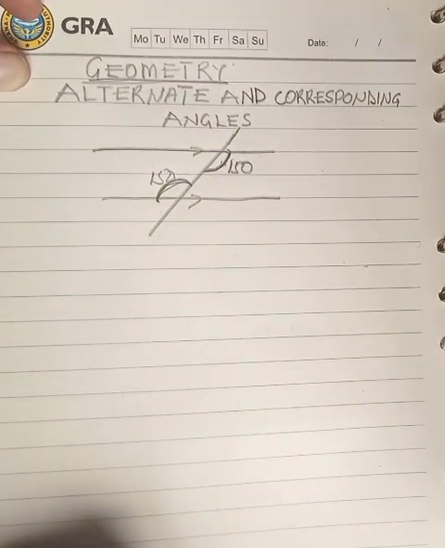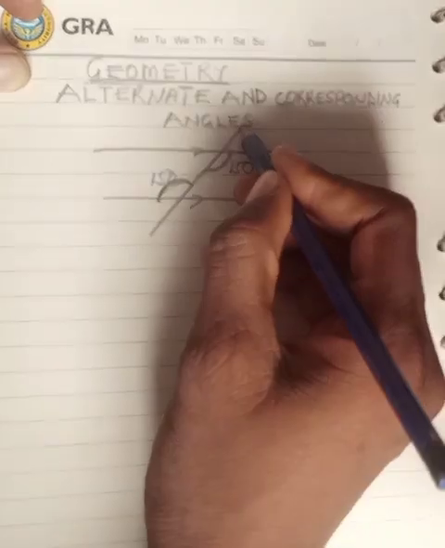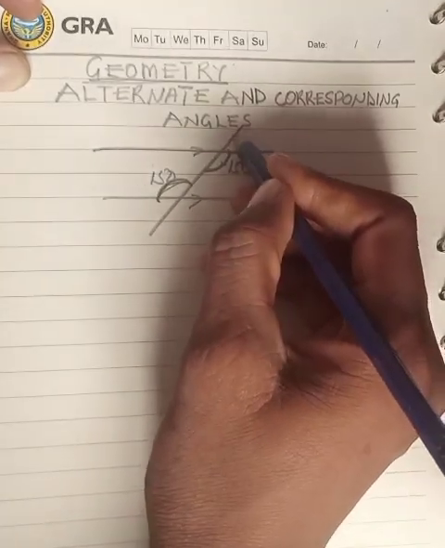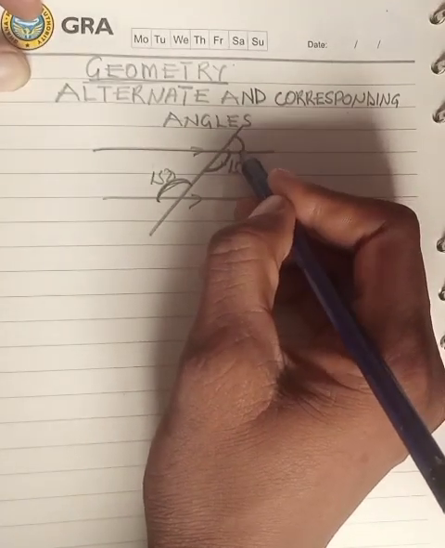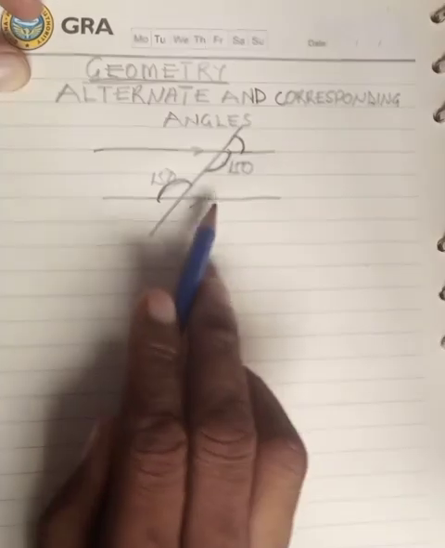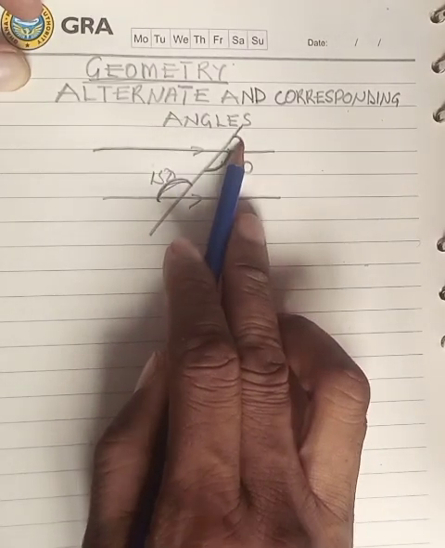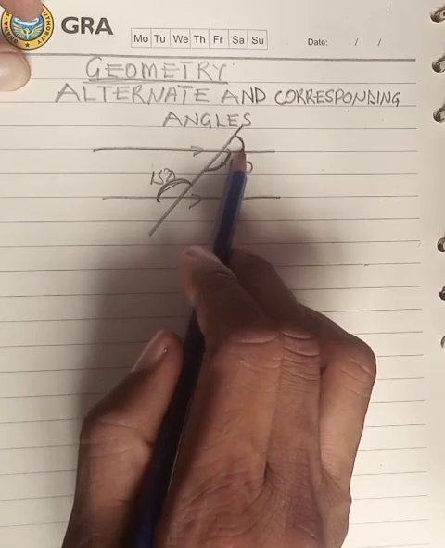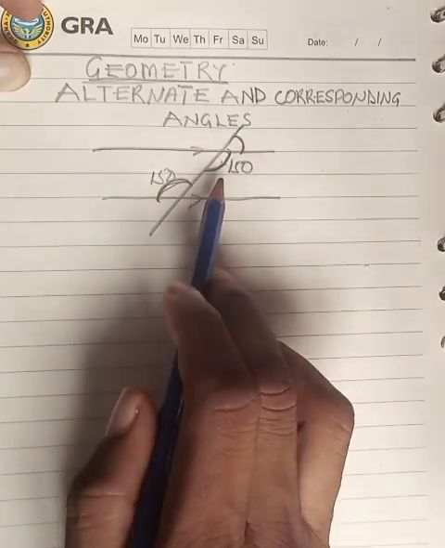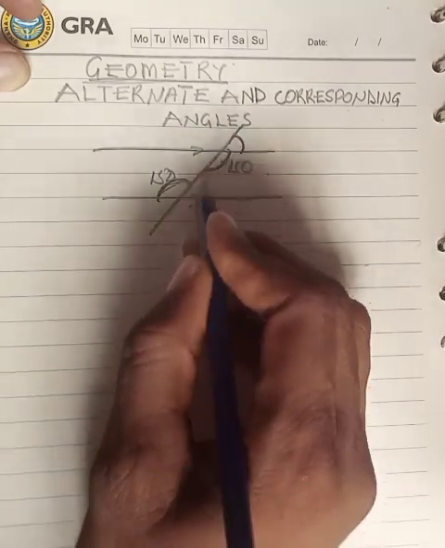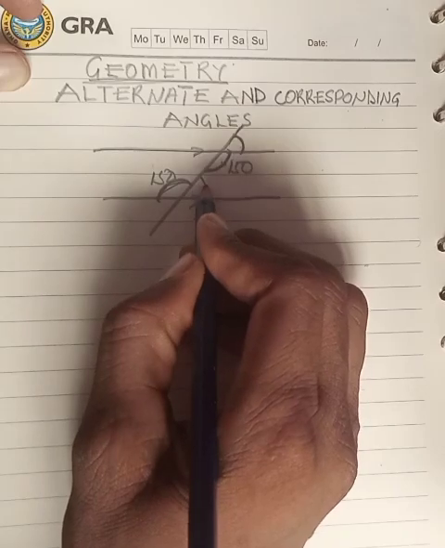So let's look at corresponding angles. Say this angle is formed right here, outside the two parallel lines, along the transversal. Another angle is also formed here.